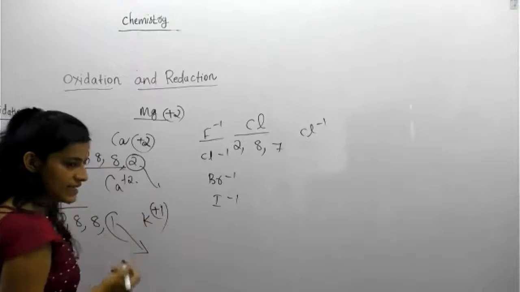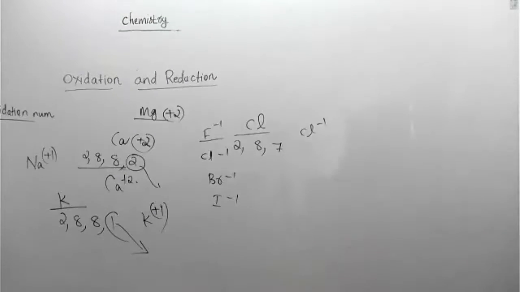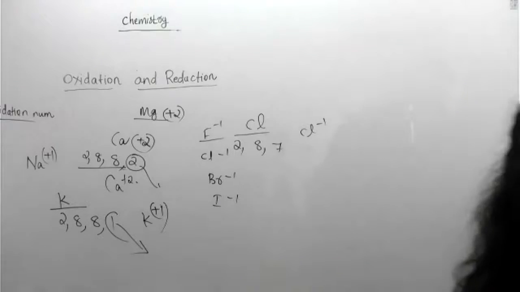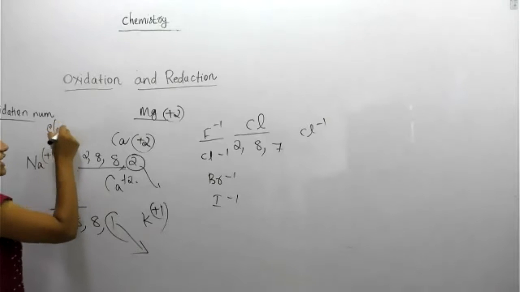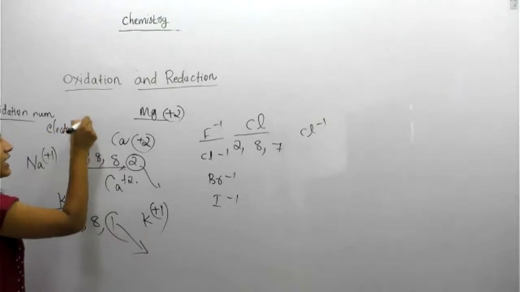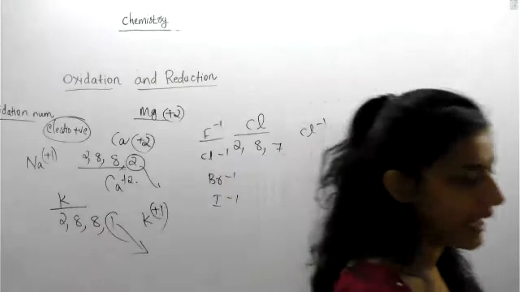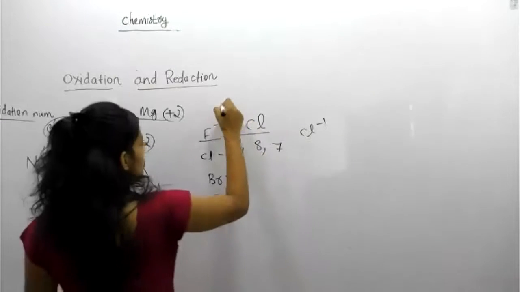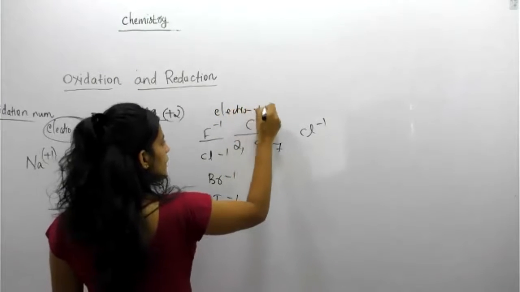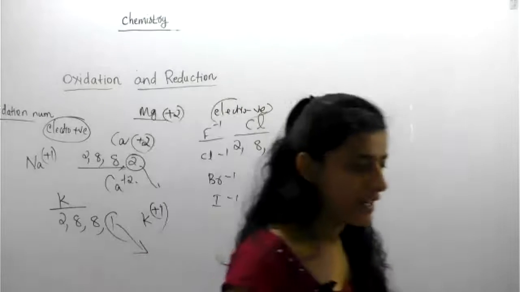One more trick. Most metals have a tendency to remove electrons. That's why most metals are electropositive in nature, mainly because they have a tendency to remove electrons. At the same time, halogens are electronegative. Why electronegative? Because they have a tendency to accept electrons. That's why they become negative.